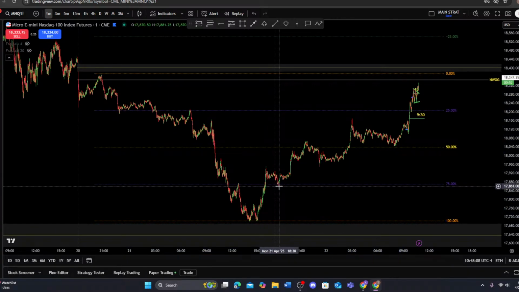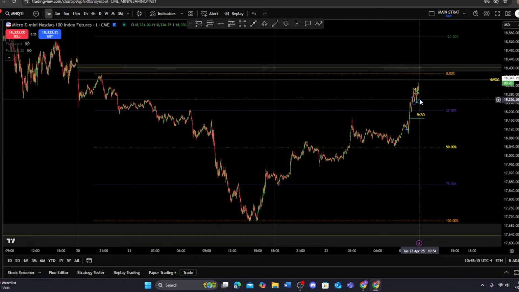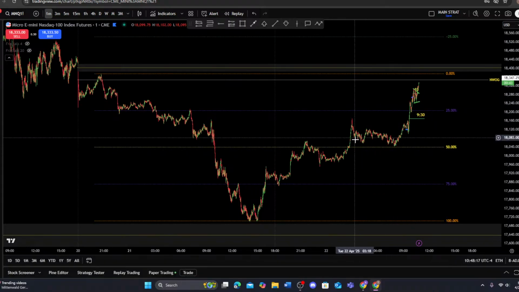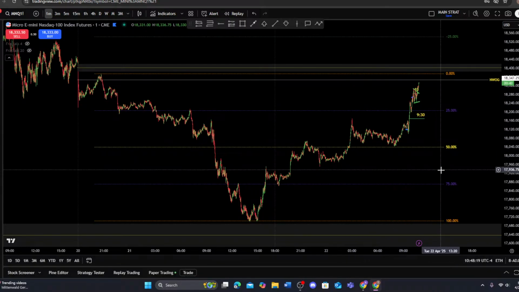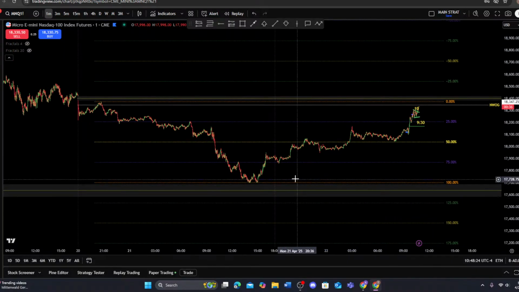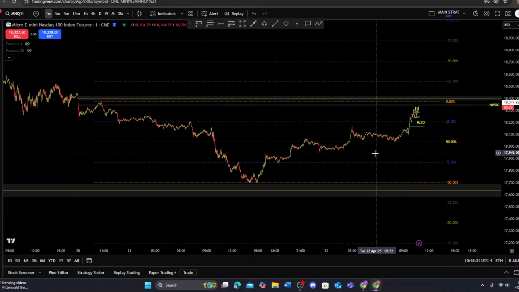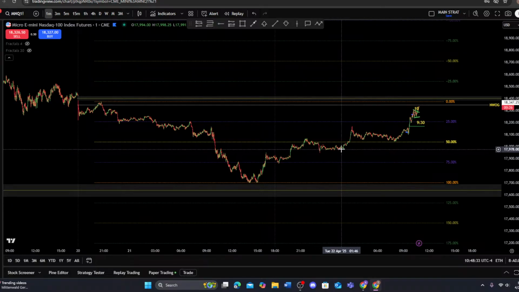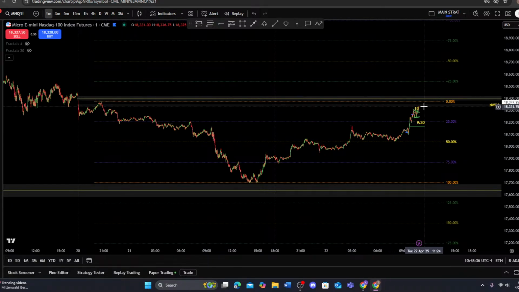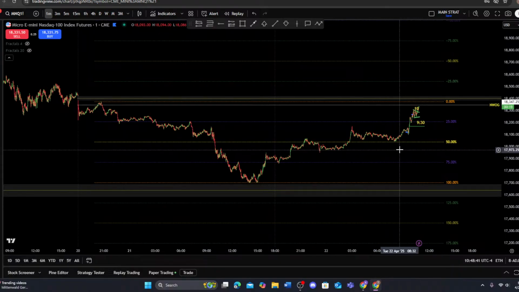It's respecting these levels as we traded above it. We can use them as areas of support, and if we break below it and find support below it, then it's likely that we will start to go towards the bottom, taking out yesterday's low or yesterday's high. We can anticipate that trading above 50%, it goes toward the high. Trading below the 50% and forming structure, we can anticipate it going lower.